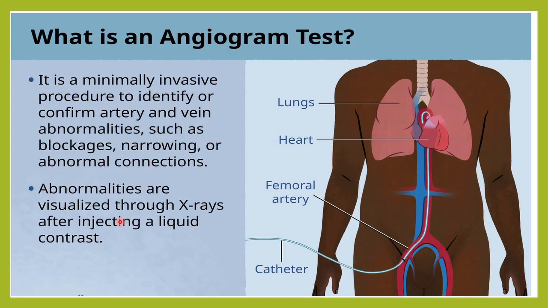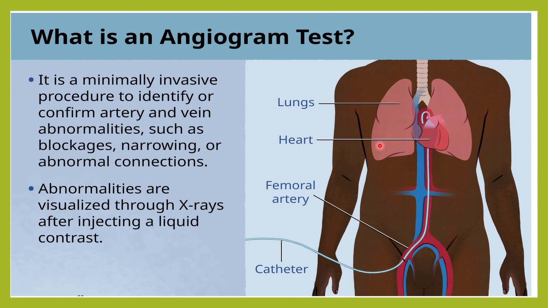So, this angiogram is a minimally invasive procedure which identifies or confirms that an artery and a vein has an abnormality or a blockage or a narrowing or an abnormal connections. So, basically, this angio means blood vessel. It could be an artery, it could be a vein, and gram is the study of the blood vessels.